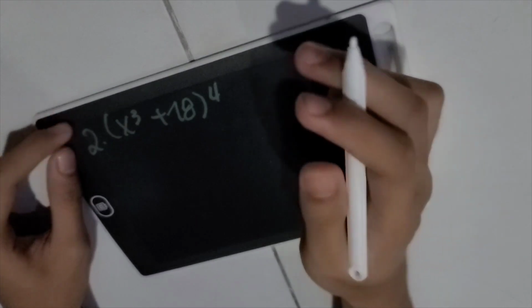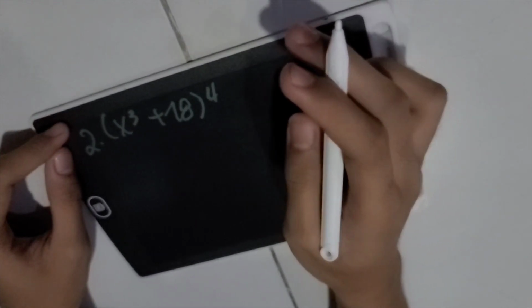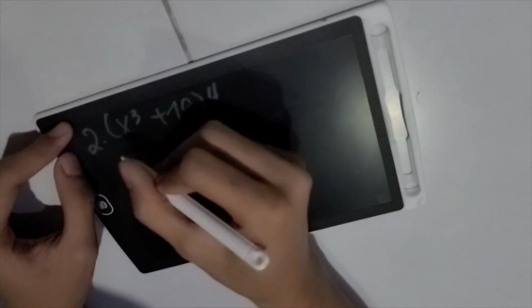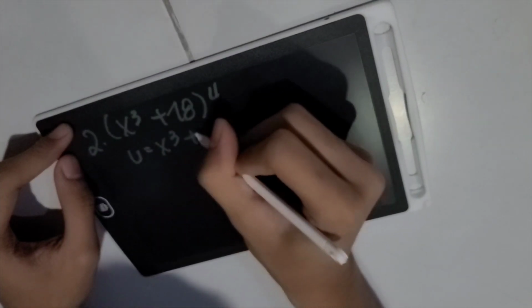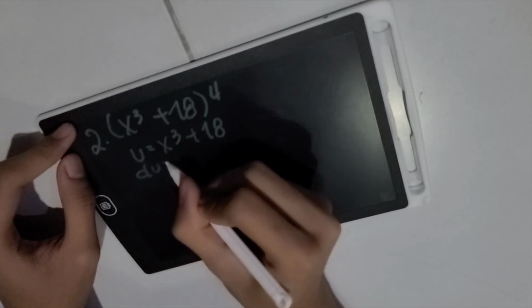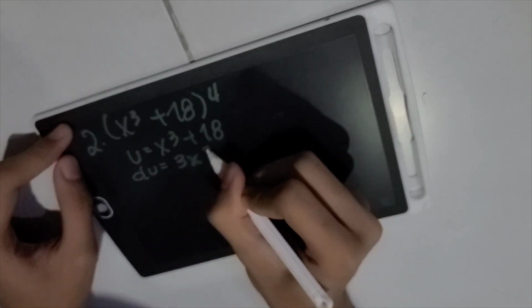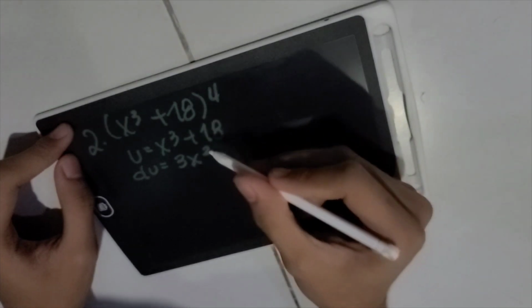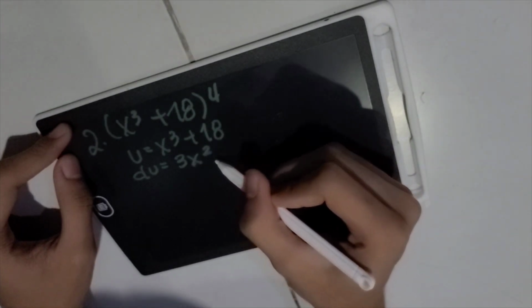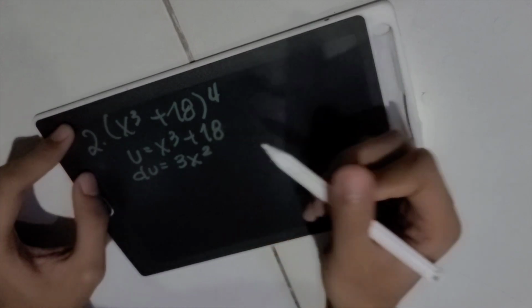Another example naman natin ay x cubed plus 18 raised to 4. So, hanapin natin ng u and du. U is x cubed plus 18. Ang du natin ay 3x squared. Then, by the use of our constant rule, so magiging sagot lang natin ay 3x squared kasi ang 18 magiging 0.